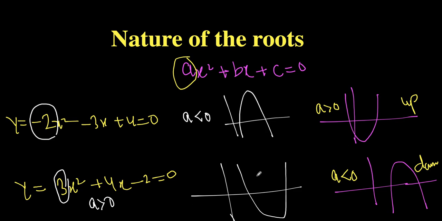Now I will talk about the nature of the roots. In the previous session we talked about how to solve any quadratic equation, and we used factorization methods, graphical methods, the minus b formula, and the completing the square method. Now I will talk mainly about the minus b formula.